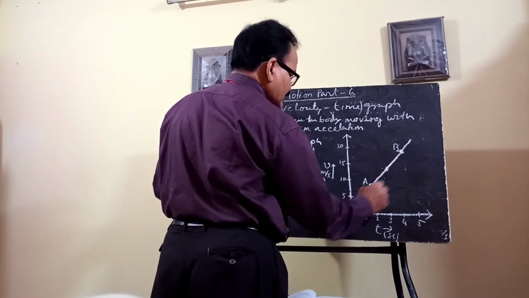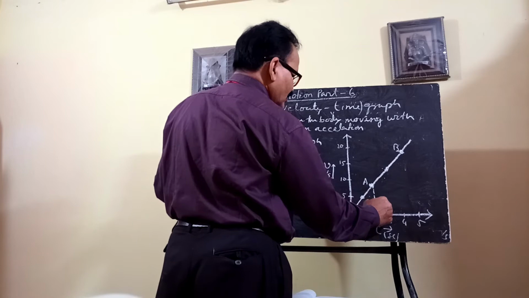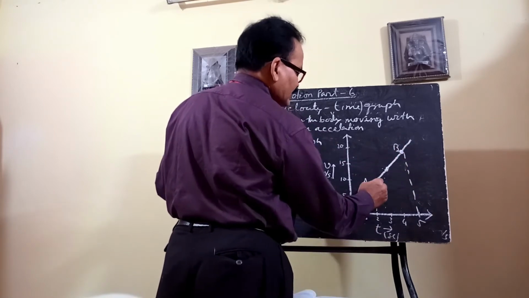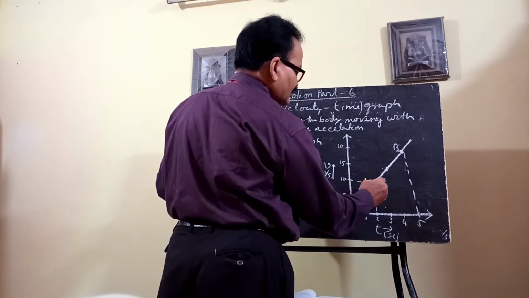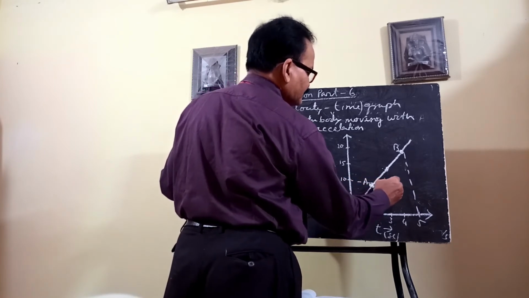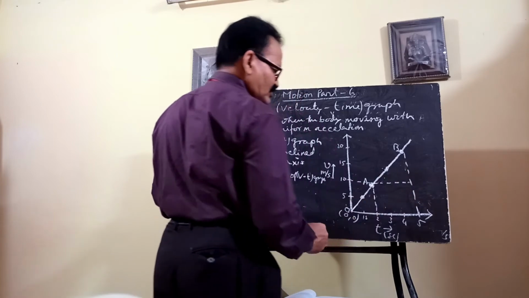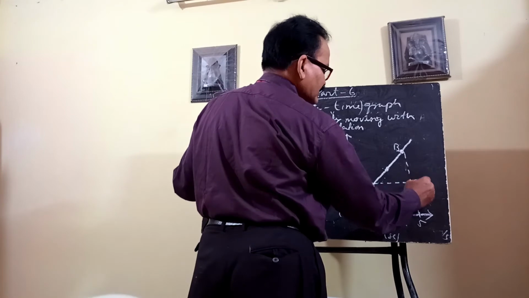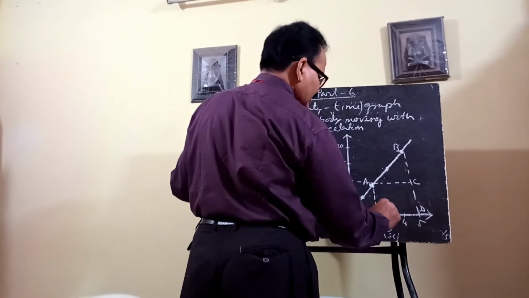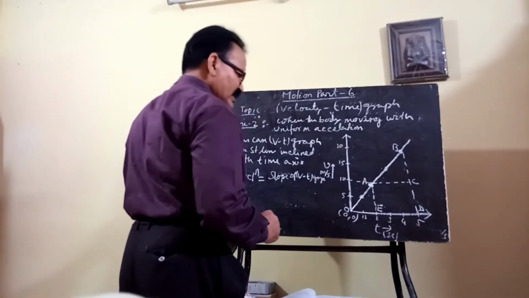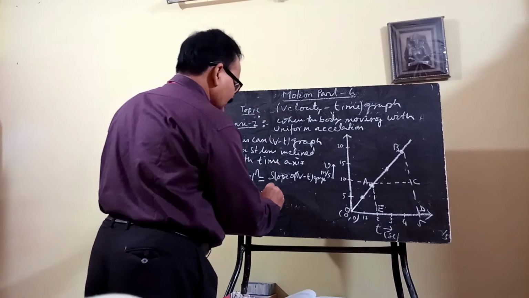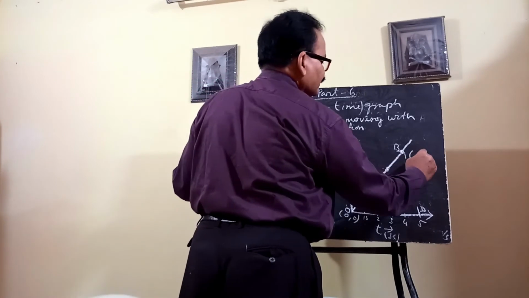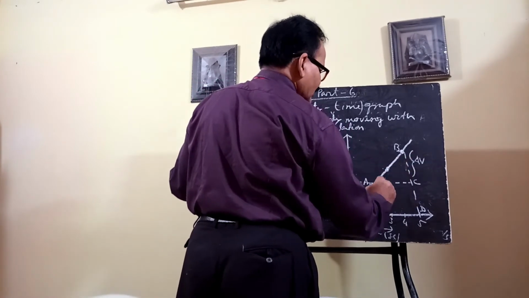Say this is your origin. You draw the vertical line and you also draw the horizontal line. So you see this is O, A, B, take C, D and E. So here the slope can be determined. This is del V, this is del T.